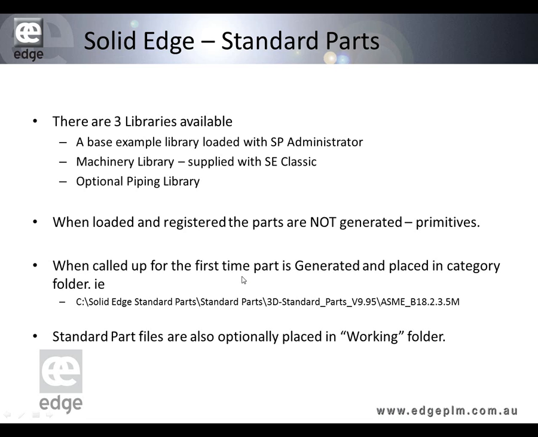So that's every time when we call a part up, that's where it goes to for the first time. When we call that part up again, the database, the SQL engine, knows to look into this folder, and it will create it very quickly, or it'll pull it out very quickly. We can also optionally place these parts in working folders as we create them, or as we call them up. We'll look at that in a moment.